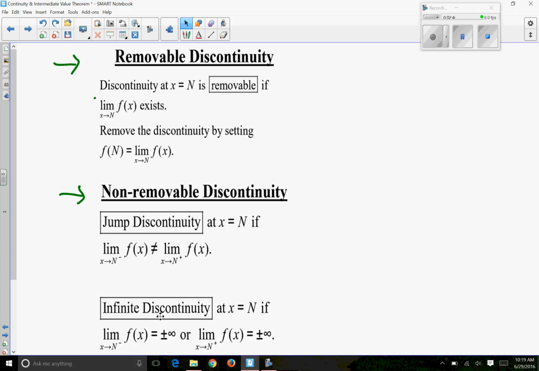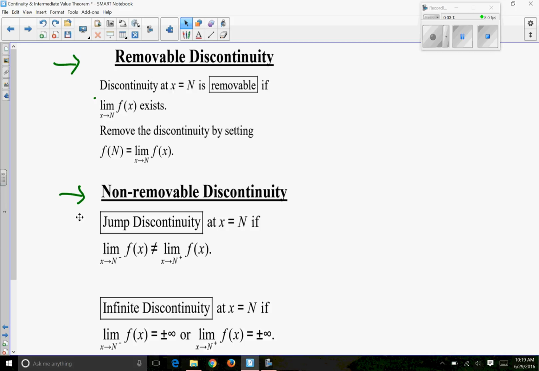And we have infinite discontinuity at x equals n if the limit of f of x as x approaches n from the left is equal to infinity or negative infinity, or if the limit of f of x as x approaches n from the right is equal to infinity or negative infinity.